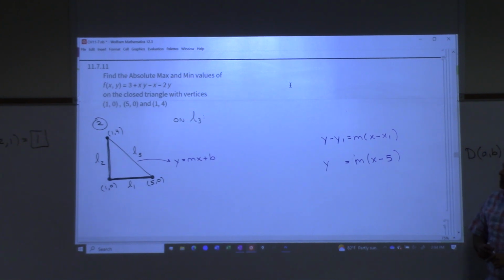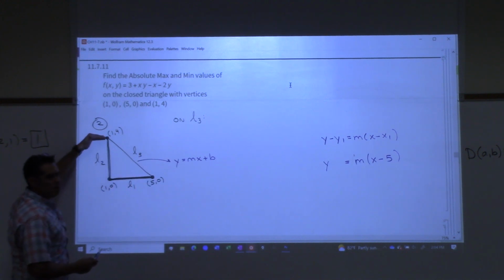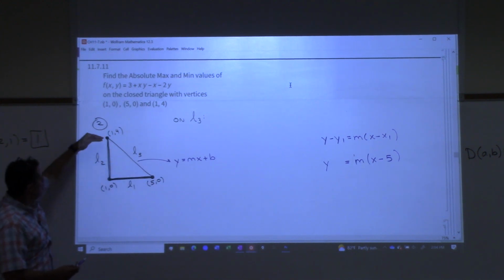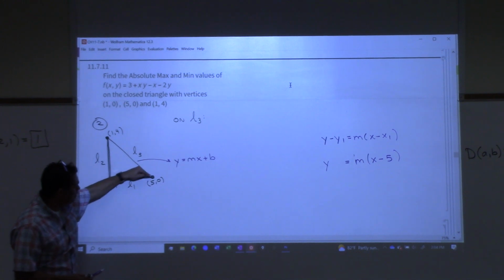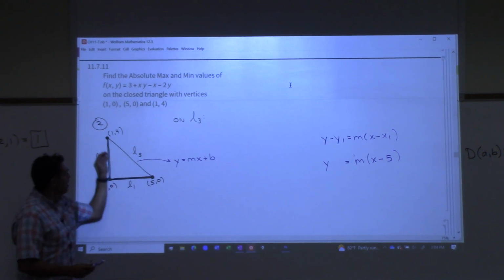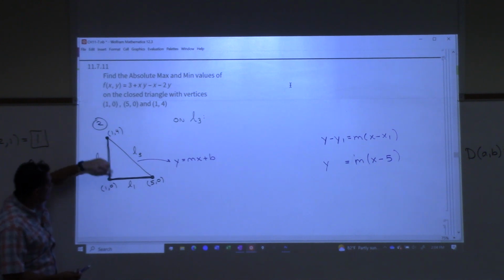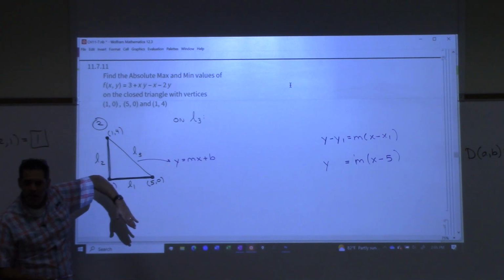I just need the slope, and I'm going to get the slope just by a visual. It's rise over run, isn't it? And we go from left to right. So rise over run, I actually have to go down by how much? By 4, and then how far over? 4, right? Because you're going from 1 to 5, so that's 4. You're going from 4 to 0, so 4 down, 4 over. -1 is the slope, right?